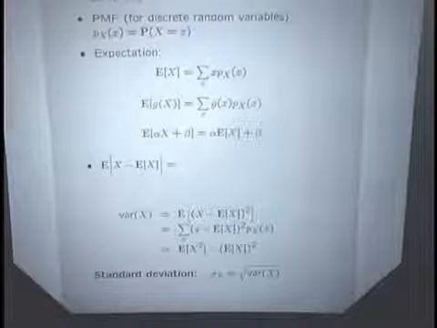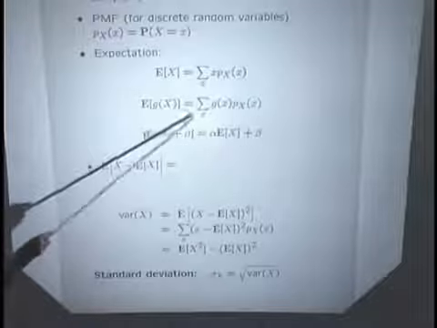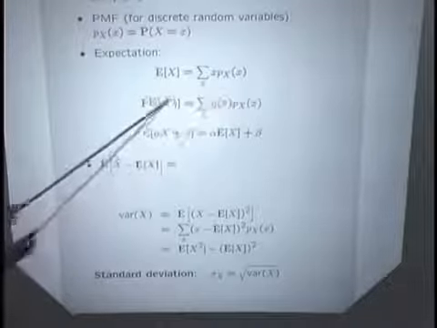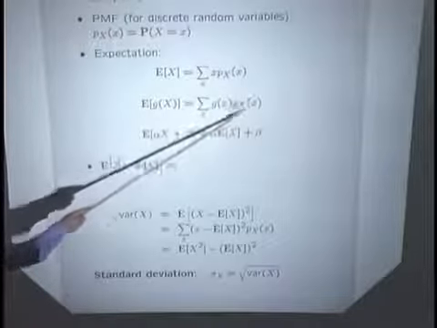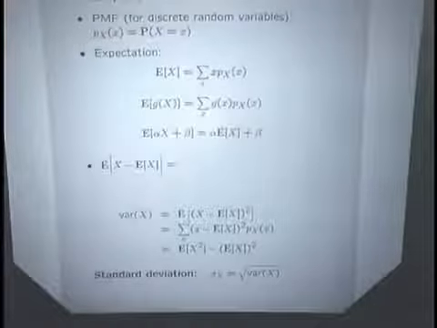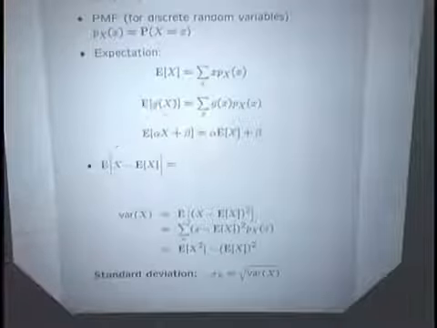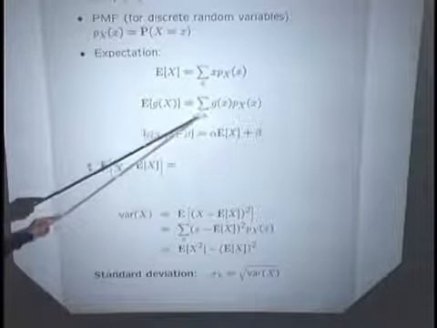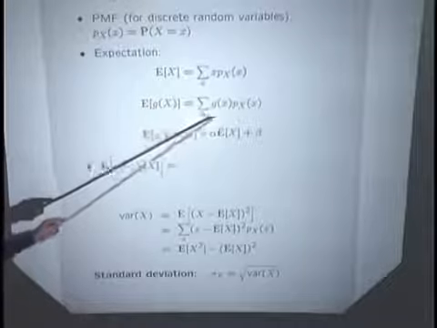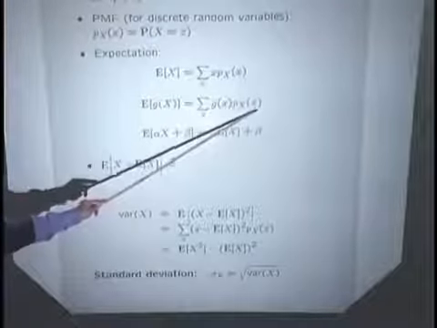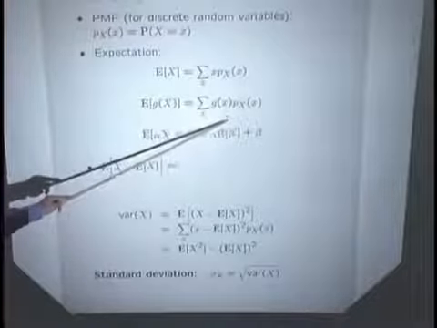But there's also a shortcut, which is just a different way of doing the accounting and the calculations, in which we do not need to find the PMF of g of X. We just work with the PMF of the original random variable. And what this is saying is that the average value of g of X is obtained as follows. You look at all the possible results, the x's, how likely they are, and when that particular x happens, this is how much you get.